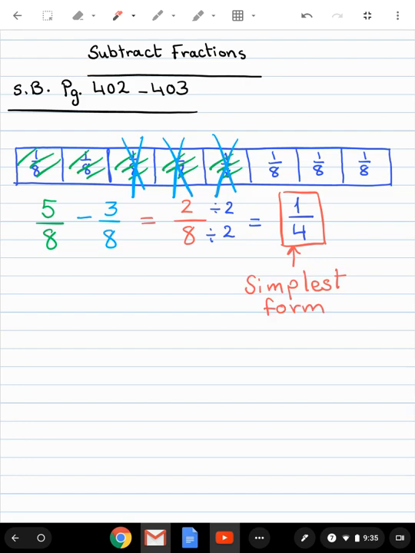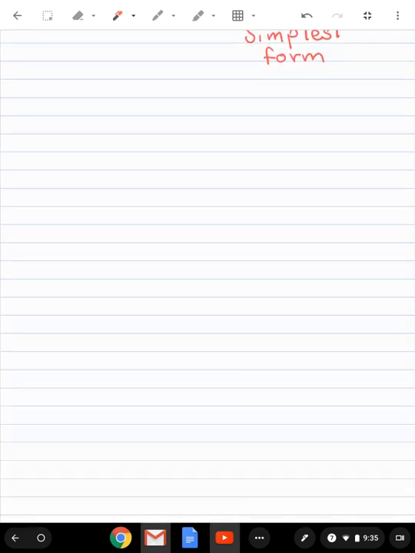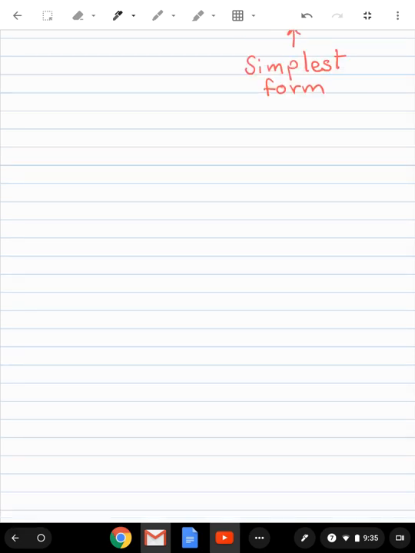Let us do another example. It's in your student book, page 403. We will do question number 7.